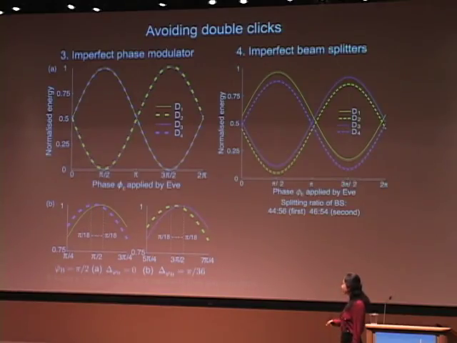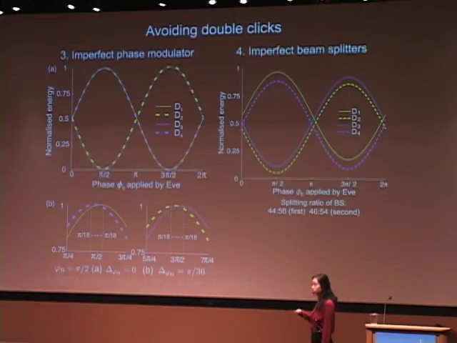So we simulate if the deviation is pi over 36, then it could also shift the fixed state a little bit away from pi over 2 or 3 pi over 2. Then we could get distinguishable energy levels at these points to avoid double click.